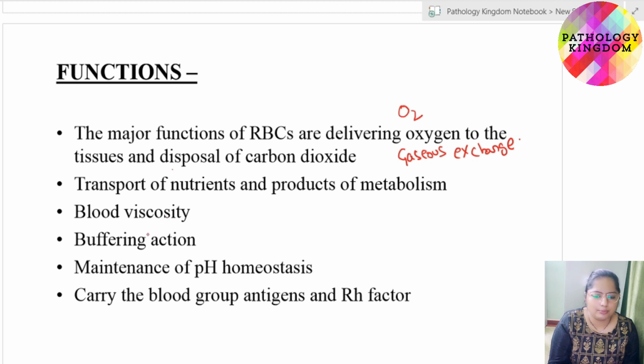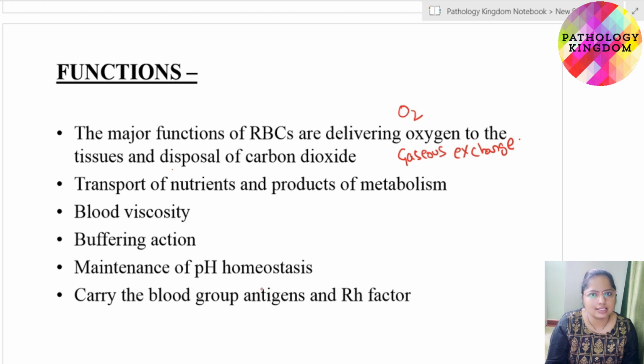It has a buffering action, that is, it neutralizes acid and base to maintain the pH. pH homeostasis is maintained by globin, phosphates and bicarbonate, which act as buffers. They also carry the blood group antigen and Rh factor, which help in determining the blood group. So these are the functions of red blood cell.